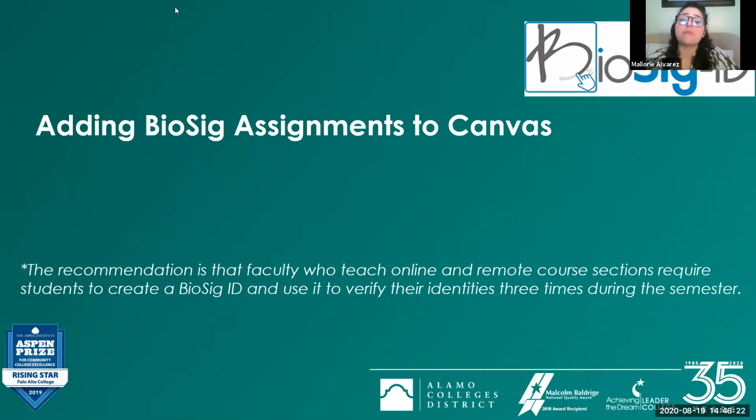You can still keep the same BioSig instructions, and then you would follow those steps of just picking certain items from the updated Palo Alto template. And the only thing you would need to worry about is replacing that BioSig enrollment assignment, not necessarily the instructions. Those are still the same.